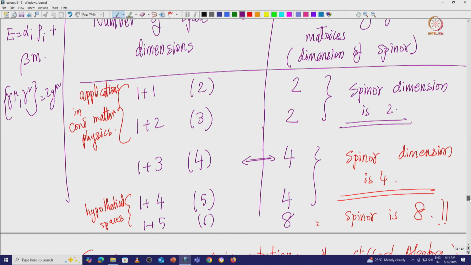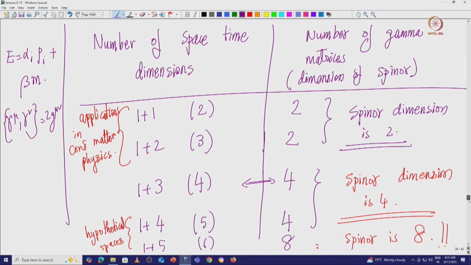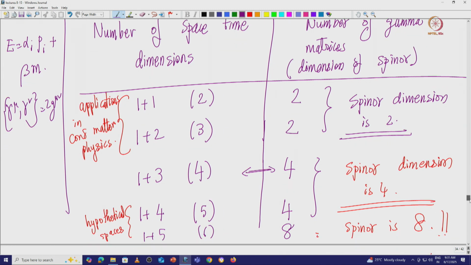Now before going further I wanted to mention that the number of dimensions of this spinor depends on the number of alpha and beta matrices which we require to satisfy E equals p plus alpha i pi plus beta m, the linearly independent alpha matrices. This will depend upon the number of dimensions you are in, and we looked at several examples.